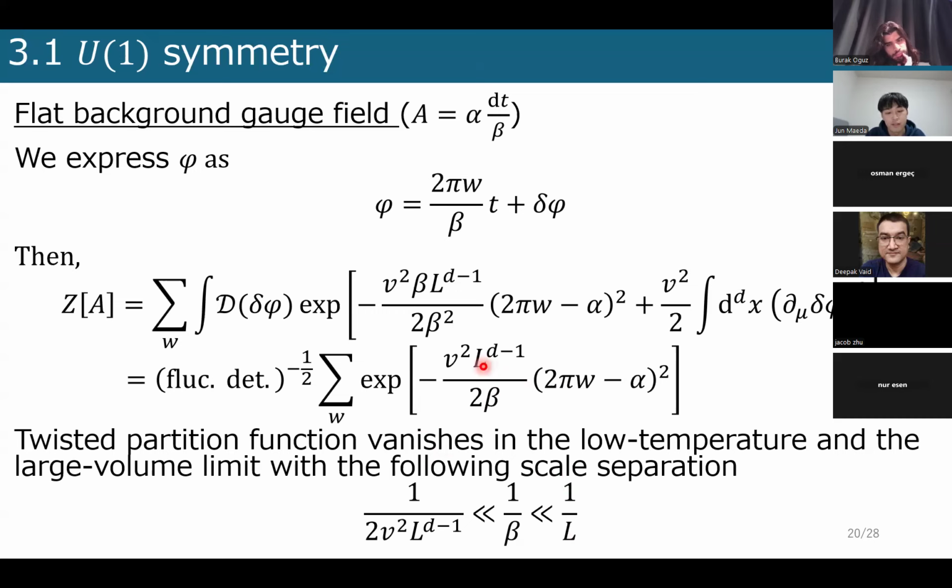Because here v squared to the d minus 1 over beta appears in the exponential, only if this scale separation is satisfied does the twisted partition function vanish. Then what is the physical meaning of this scale separation?